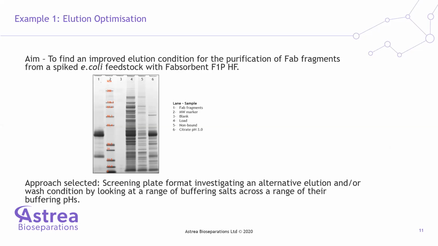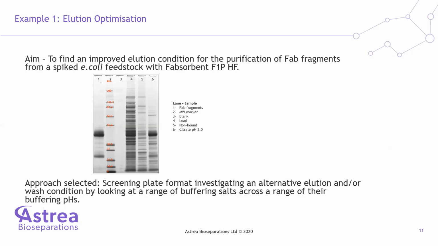Here, our aim was to find an improved elution condition for the purification of Fab fragments from an E. coli spiked feedstock with Fab-solvent F1P. We were happy with the process chromatography column run that we had for this, but we weren't happy with the purity of the elution fraction, which can be seen in lane 6 of the SDS-PAGE.